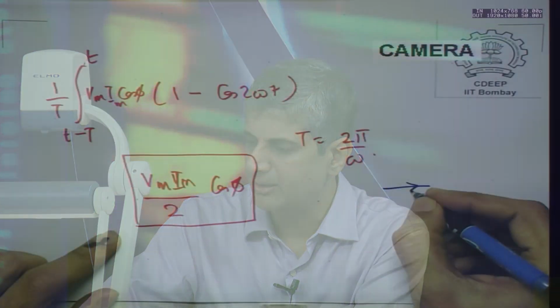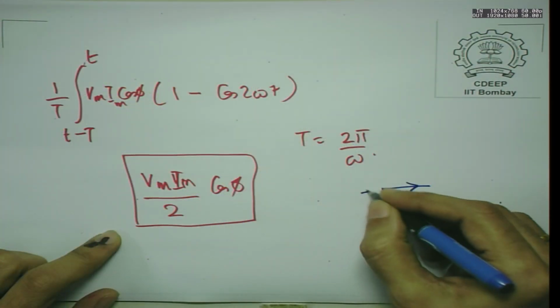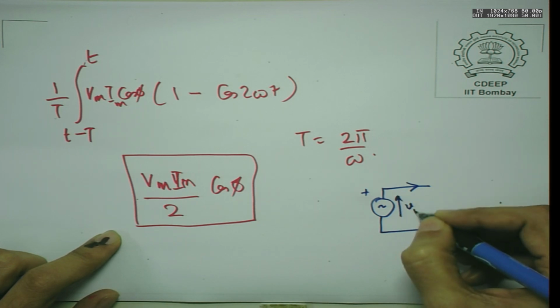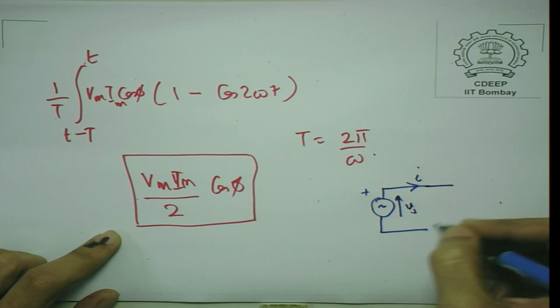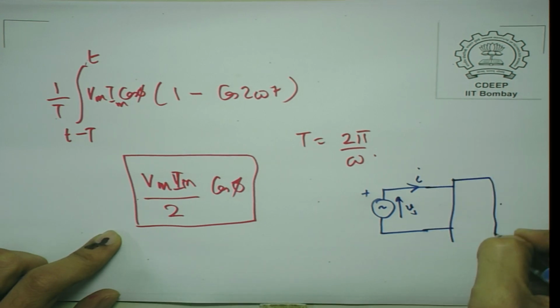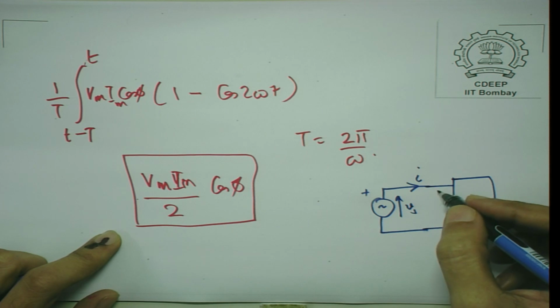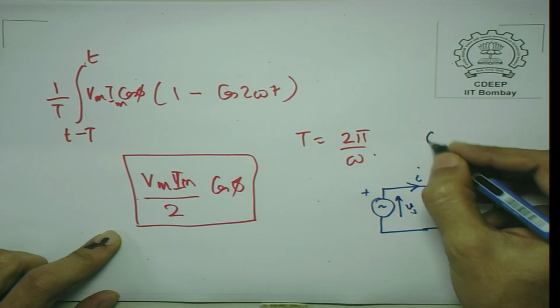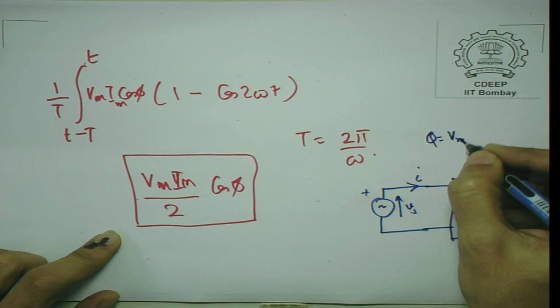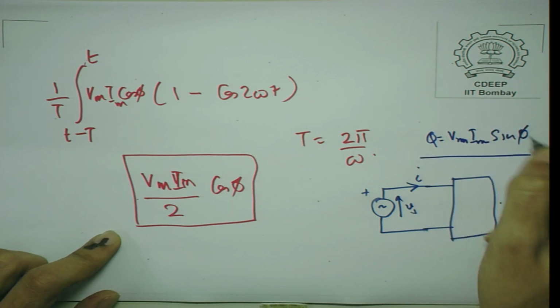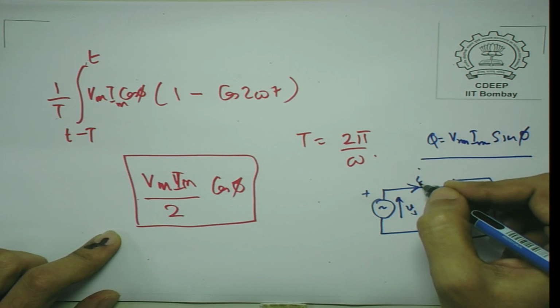So, remember, the source is assumed to be a voltage rise, V source, this is I, and this is your circuit, and in this case we use Q equal to V RMS I RMS sin phi, and phi is the angle of lag of this current with respect to the voltage.